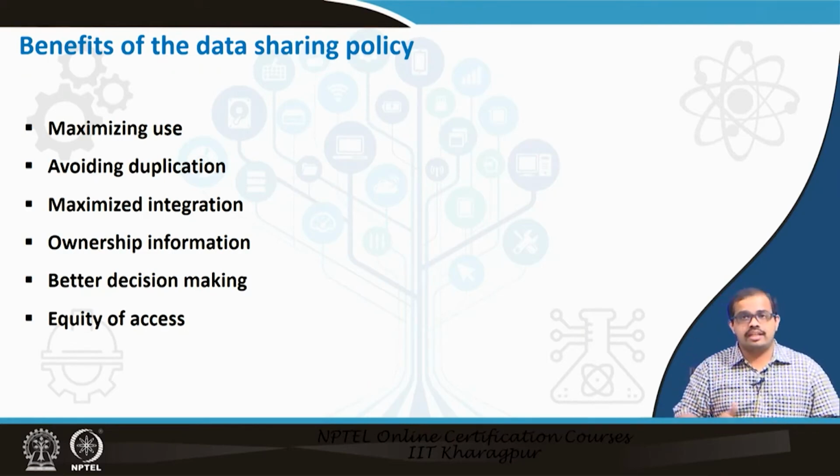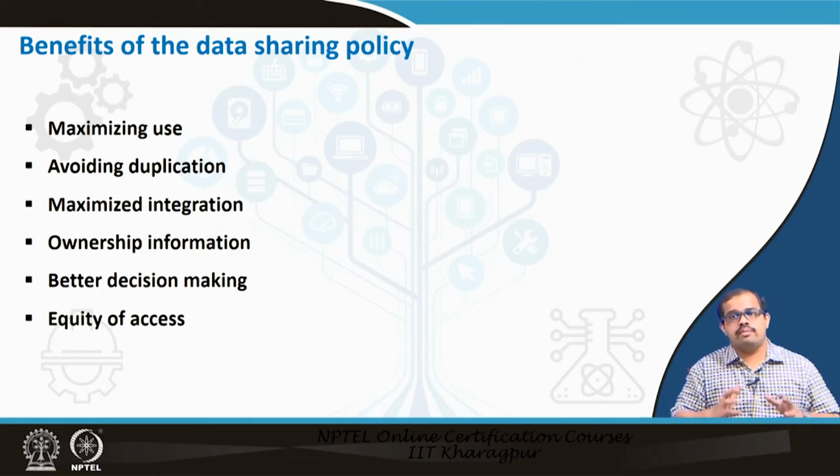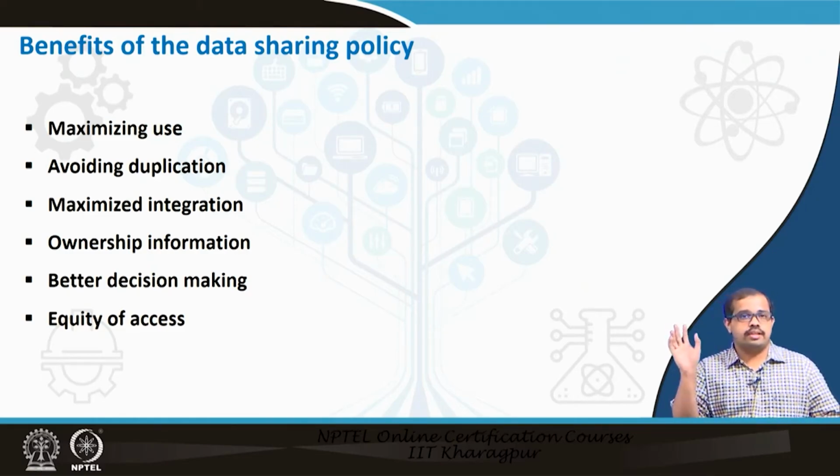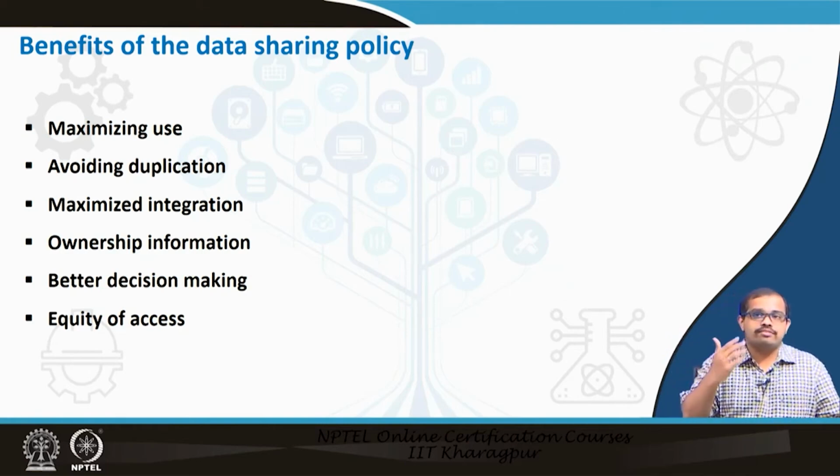Then maximize integration of data. Okay, then ownership information will be created along with data, because once the data is out of your box, it may be manipulated the way it is required to. So embedding ownership information entails that the owner can represent whatever the basic data that he or she has created, and helps in defining how the data has been created, and most importantly it is for decision making.